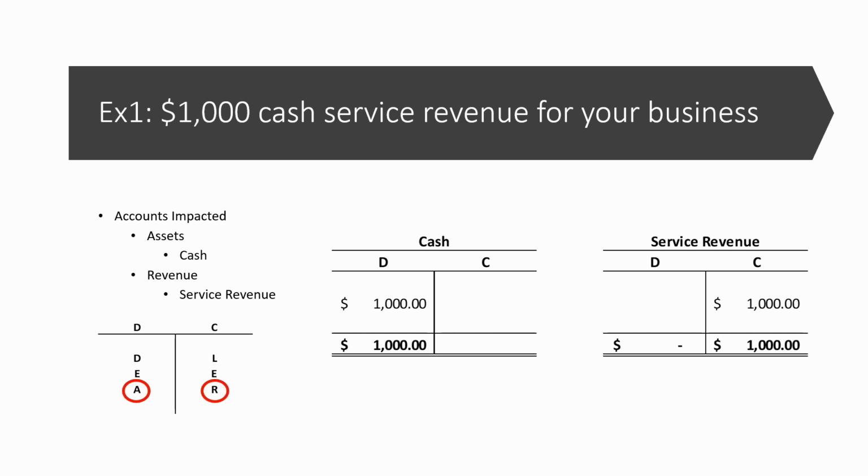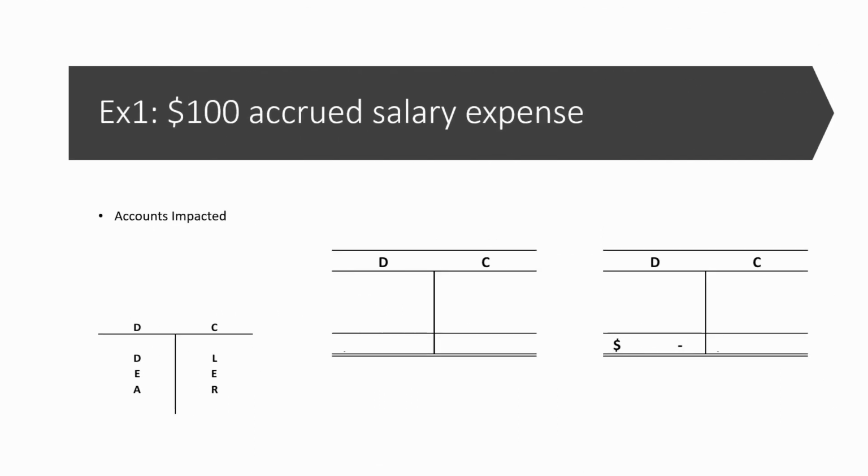Let's move on to the next example. In this example, we had a $100 of accrued salary expense. This is money owed for salary of employees. To record this, we need to identify the accounts impacted, the amount, and then reference the accounting equation or DC Dealer to determine how to record this. In this case, the salary expense and the salary payable accounts are impacted, which are expense and liability accounts.